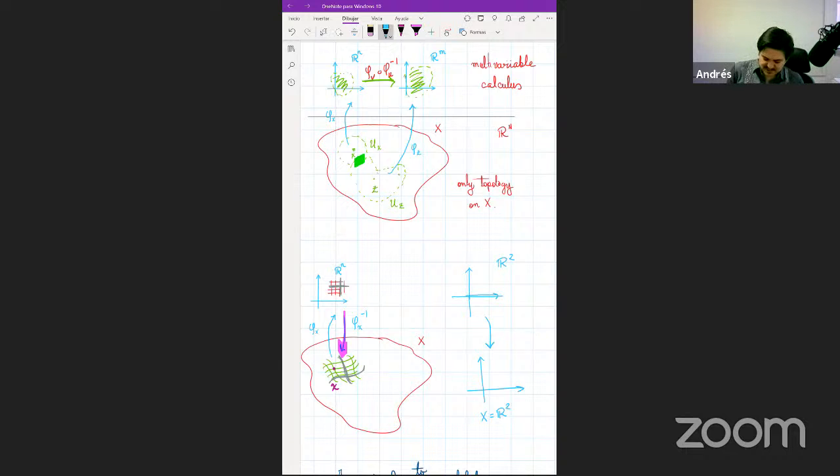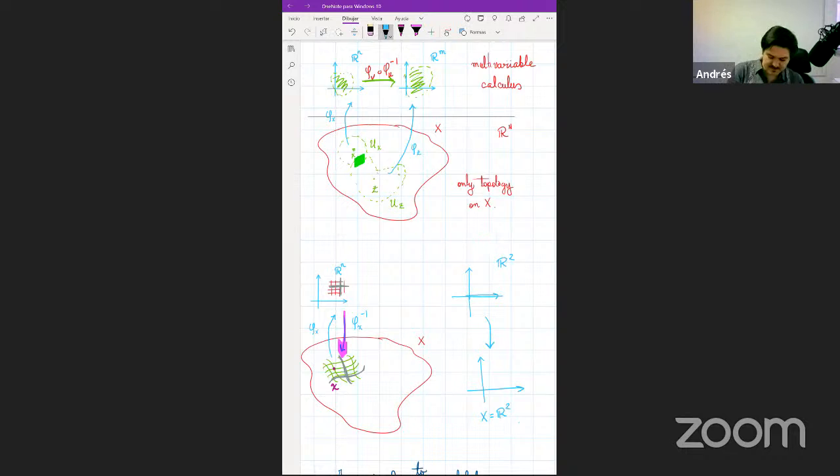Basically this is Cartesian. And say that here you have polar coordinates.